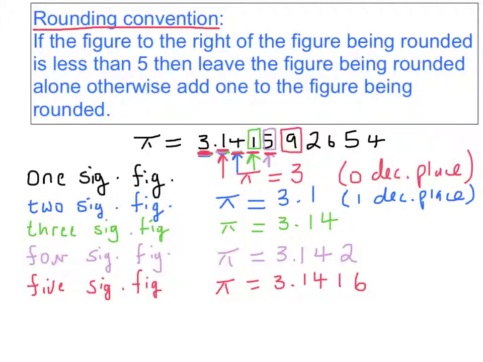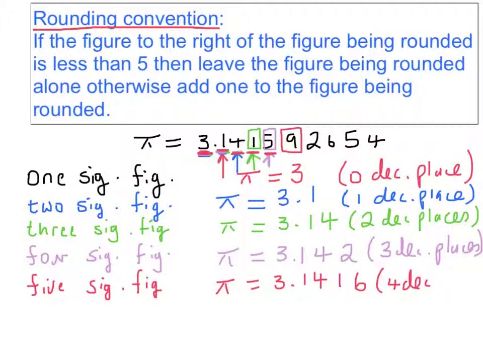Pi equal to 3.14 is rounded to 2 decimal places. Pi equal to 3.142 is rounded to 3 decimal places. And lastly, pi equal to 3.1416 is rounded to 4 decimal places.